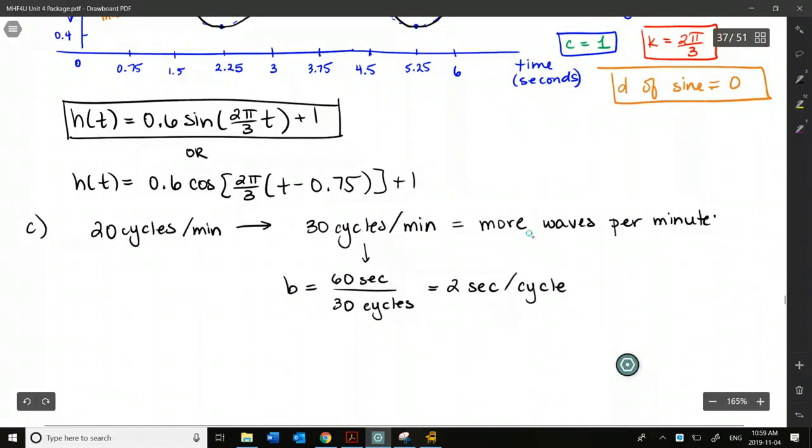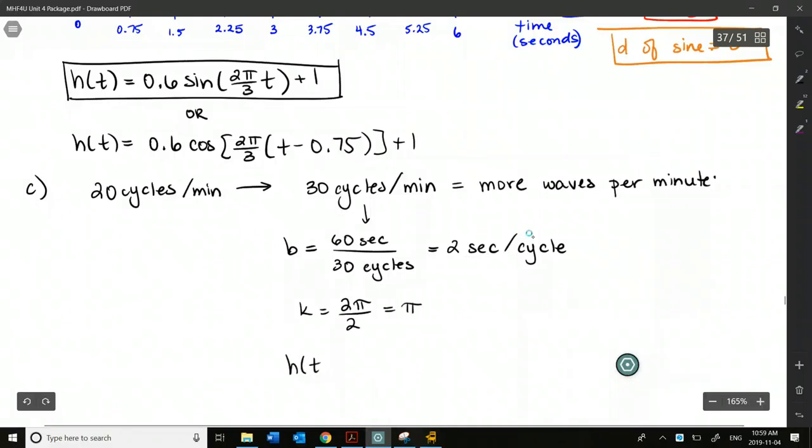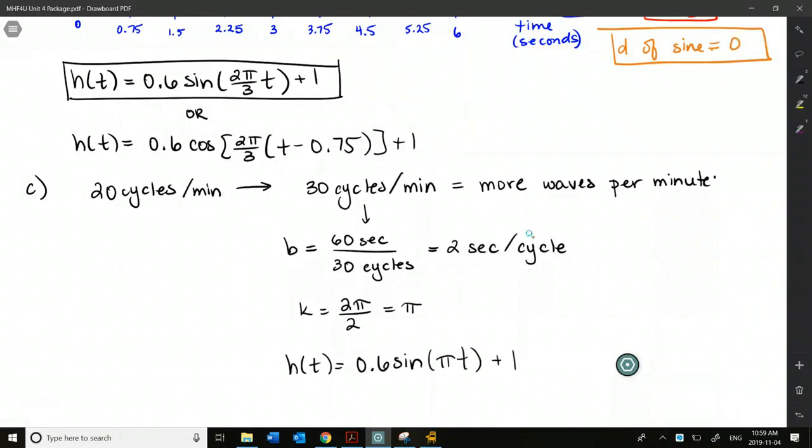So if I'm going to change the model that I created above, when I go to calculate the K value here, it's actually going to be 2 pi over 2 seconds. And I will actually just end up getting pi for K. So my h at t function would now change to pi times t in the brackets. That's it.